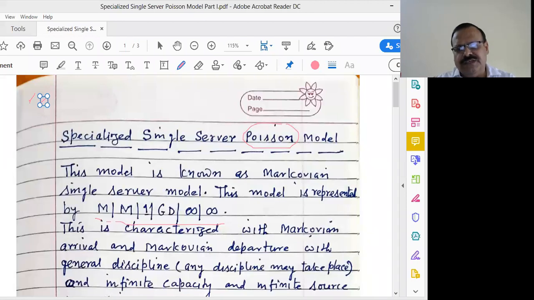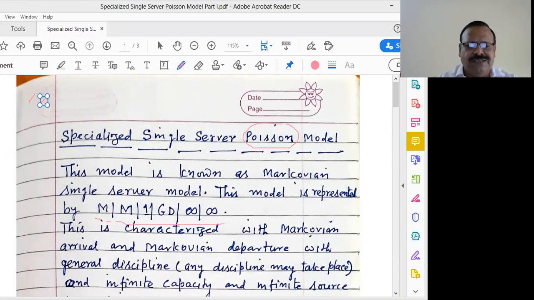If a disease has taken place, like COVID, we cannot predict which person will be caught by the COVID-19 virus. So it is completely random, and here we can apply the queuing model.